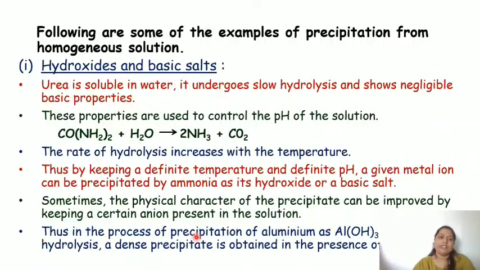Okay, it is the example of precipitation from homogeneous solution. The precipitate is generally obtained in the form of hydroxide or basic salt. When we use urea, it is an example of precipitation from homogeneous solution.